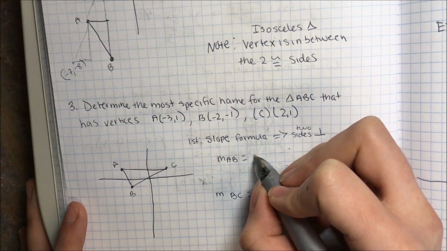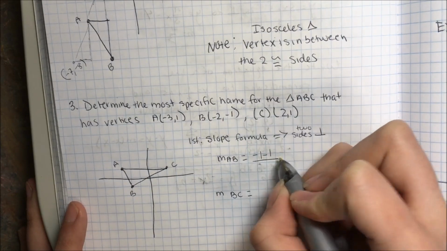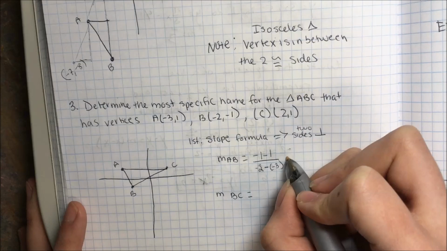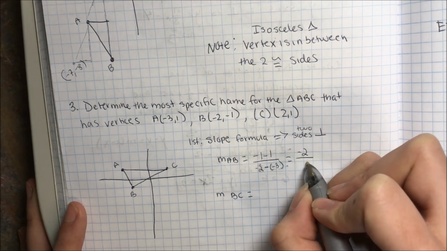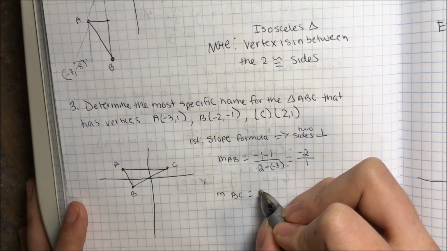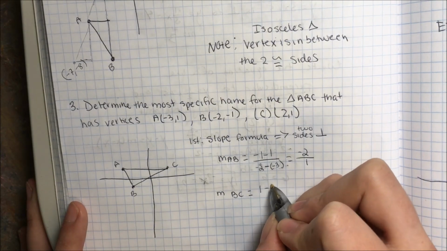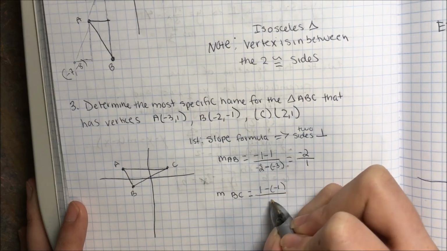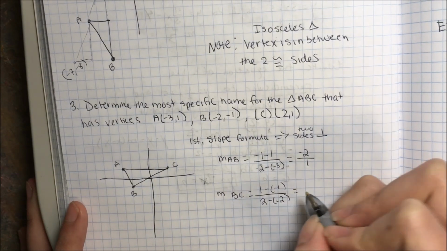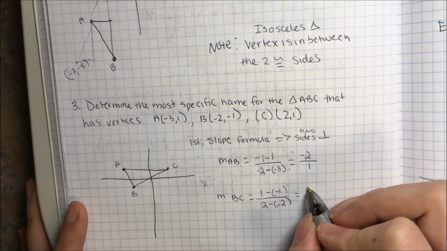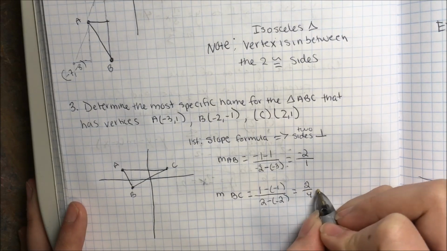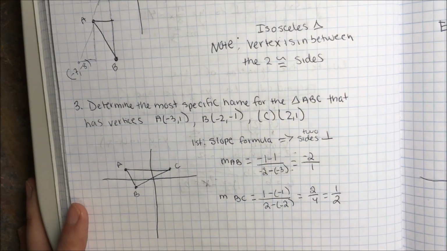So we have a slope of AB, we're going to have -1 minus 1 over -2 minus -3, and we get -2 over 1. And then we're going to have for our slope of BC 1 minus -1 over 2 minus -2. And we get 2 over 4, which is 1/2.